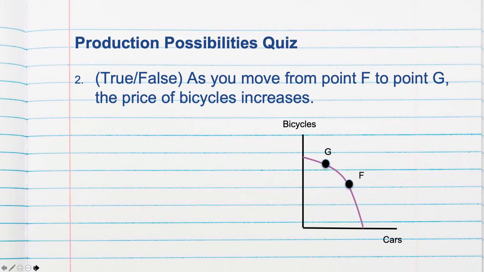If you move from point F to point G on the production possibilities curve, so you are going from here up to here, is the price of bicycles increasing?